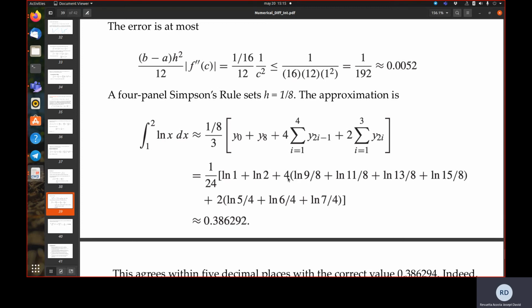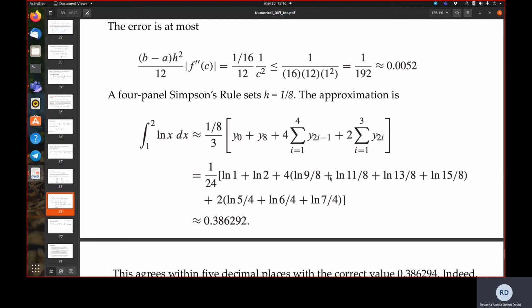So we will have 4 times the log of 9/8, because after 8/8, which is equal to 1, we're having 9/8. But then we will not have the following one, because the following one is actually the interval, and we are actually in the sub interval.